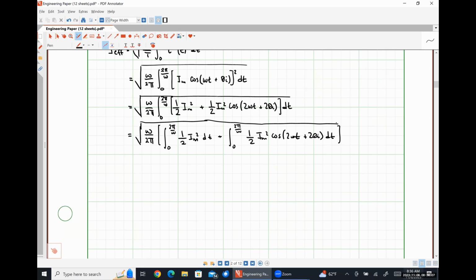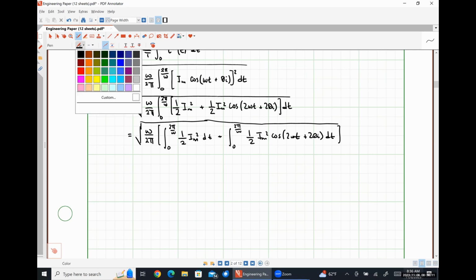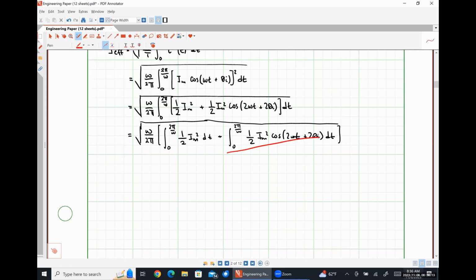So effectively, I'm integrating over exactly 2 periods, so this whole integral should just be 0. Yeah, that whole second term goes to 0.